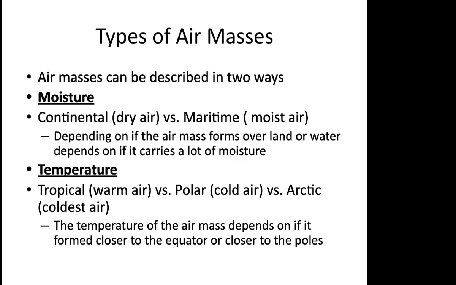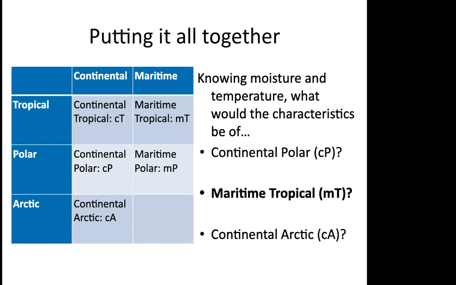Temperature, it can either be tropical, which is warm air, polar, which is cold air, or Arctic, which is the coldest air, okay? So the temperature of the air mass depends on if it formed closer to the equator or closer to the poles. So we said if something's near the equator, it's going to be what? It's going to be warmer, and if it's the poles, it's going to be colder, okay?